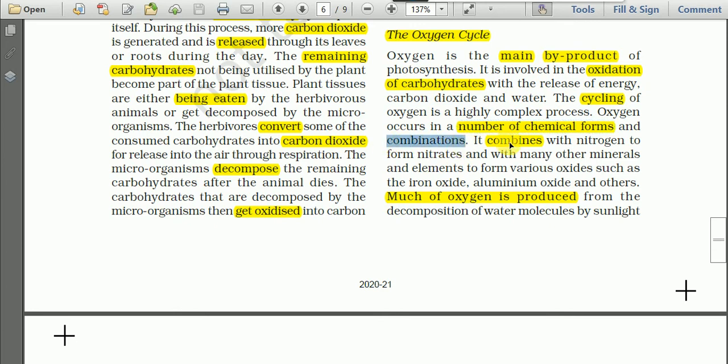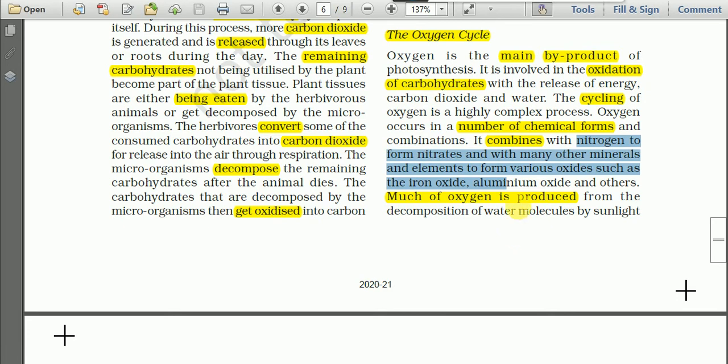Oxygen combines with nitrogen to form nitrates, and likewise with many other minerals and elements to form various oxides such as iron oxide, for example, then aluminum oxide and others.